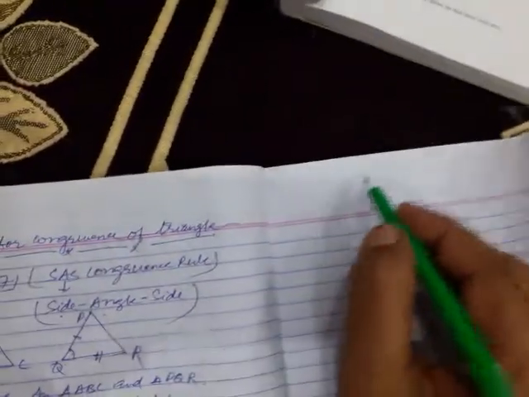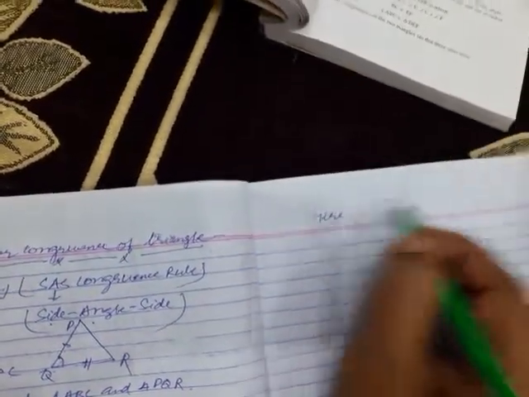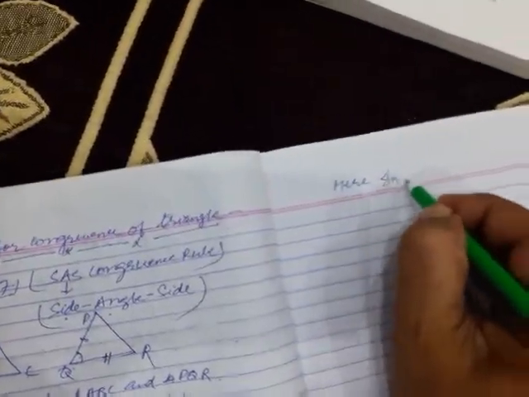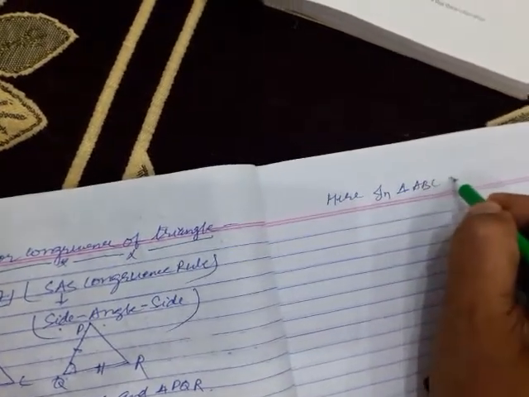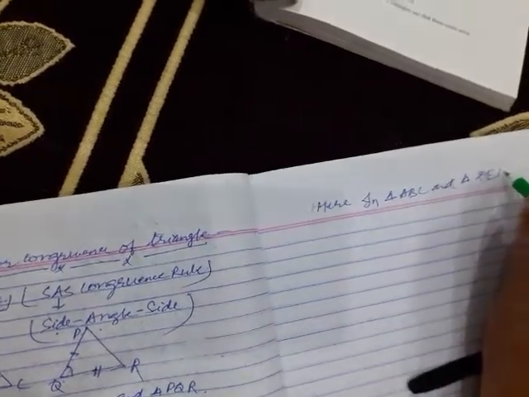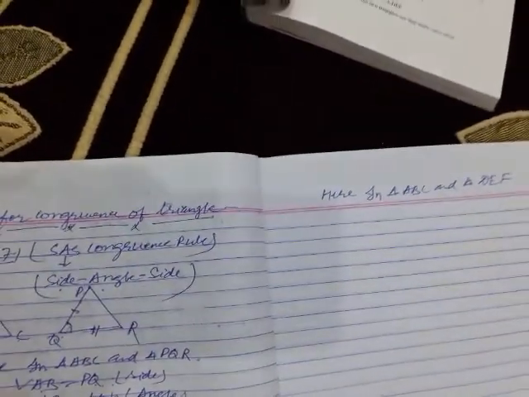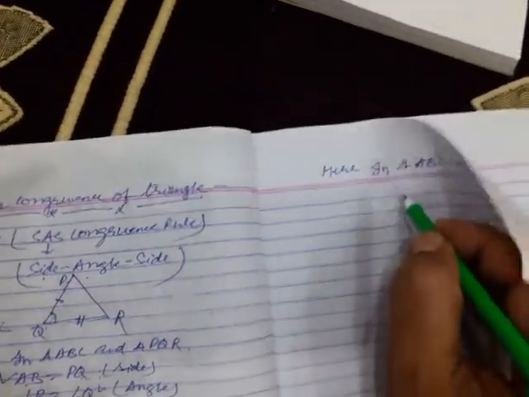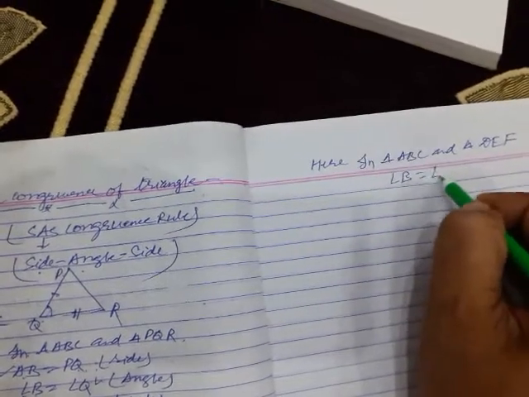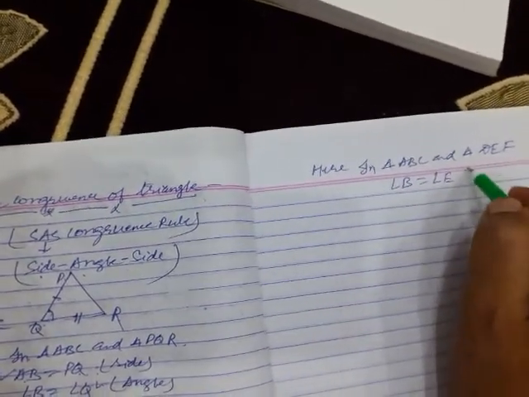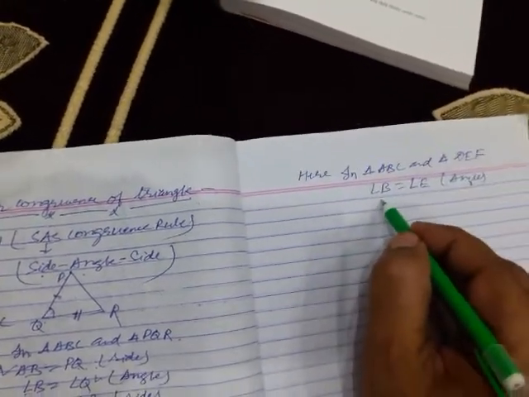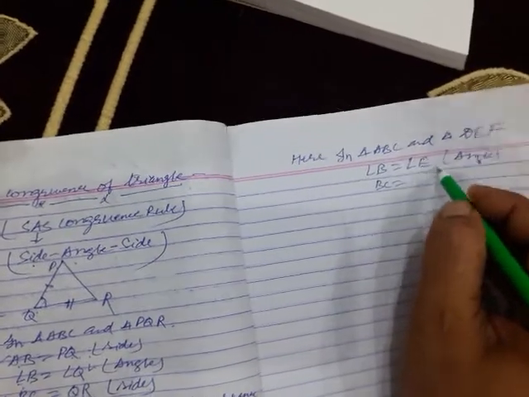How will you write it, children? Here in triangle ABC and triangle DEF, let us see what equality is there: angle B equal to angle E, that is given in the question, that is angle. Clear? And here BC equal to what?